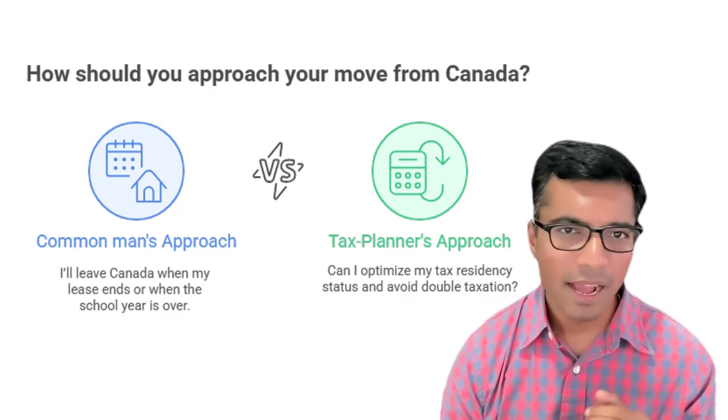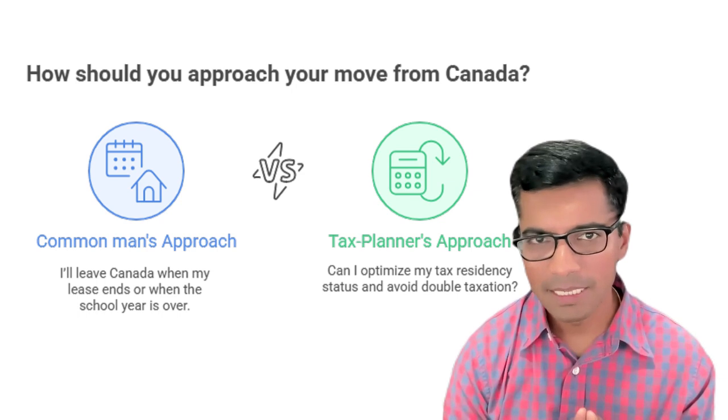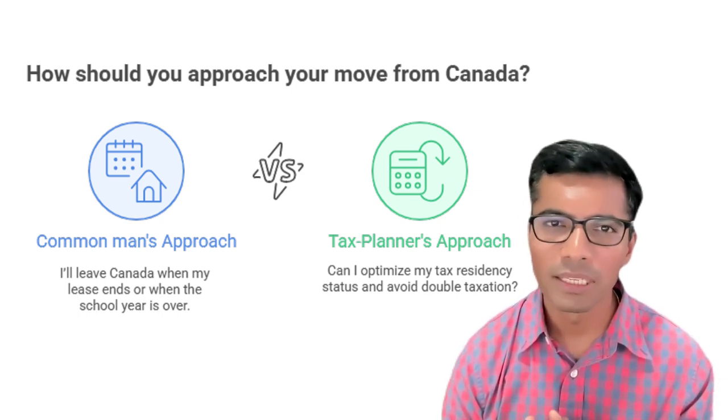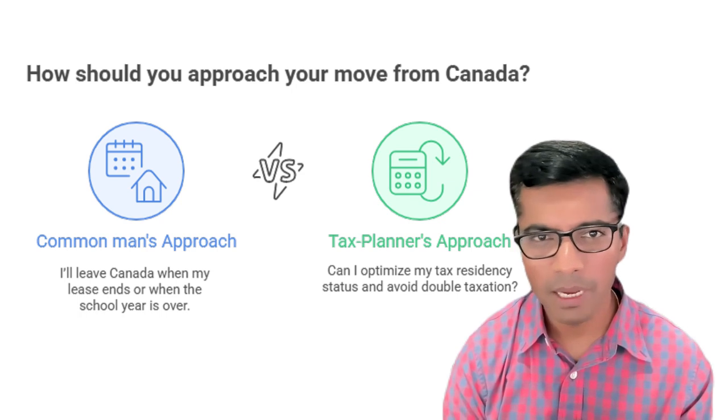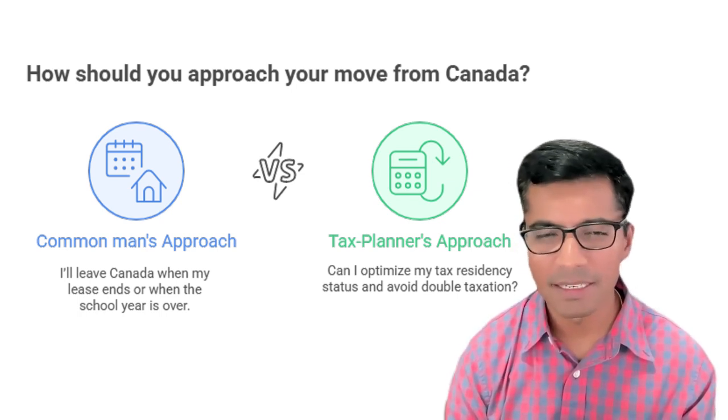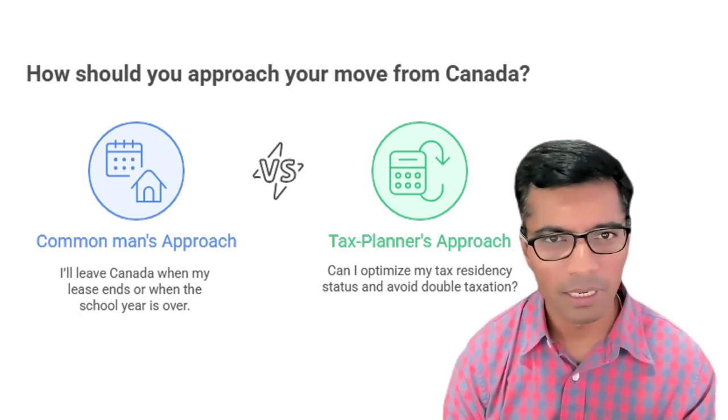Most people think, I will leave Canada when my lease ends or when the school year ends. But a tax planner thinks, how can I optimize my tax residency status to avoid double taxation? Some examples: not converting RRSPs before departure in a tax-efficient way, ignoring RNOR, resident but not ordinarily resident, status in India.